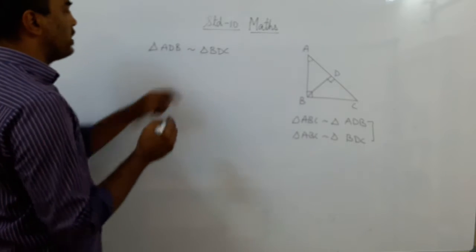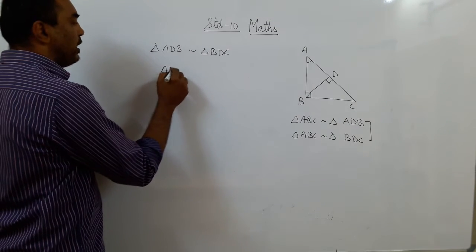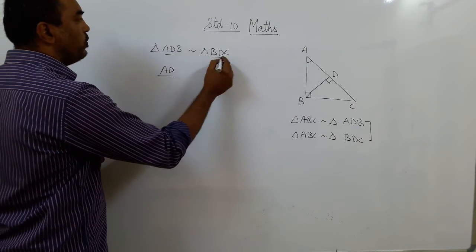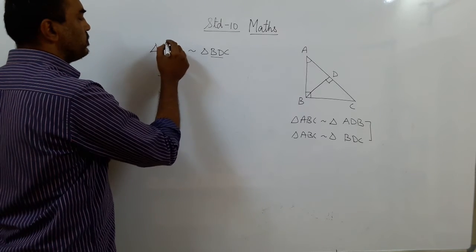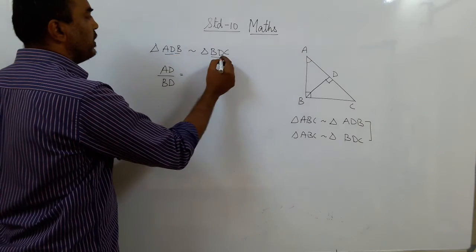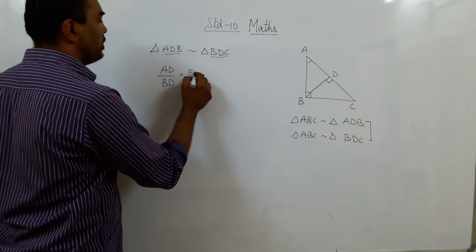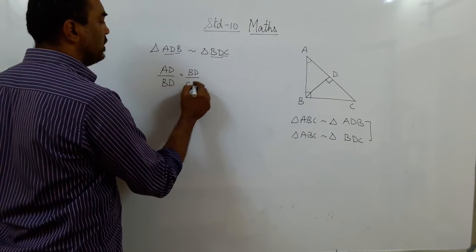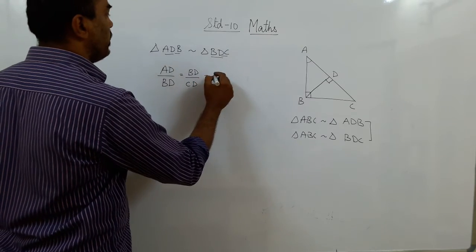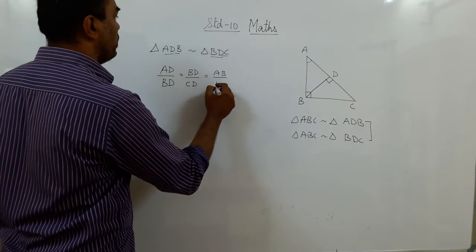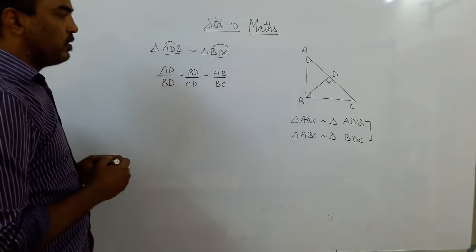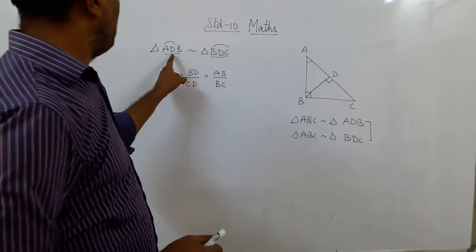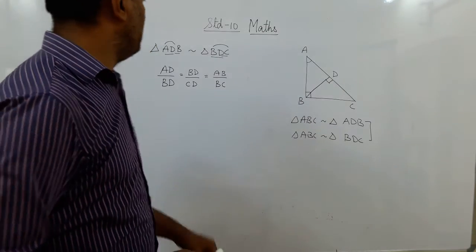You can see here, these two triangles are similar. So I have got AD upon BD equal to BD upon CD equal to AB upon BC. We have got ADB similar to BDC.